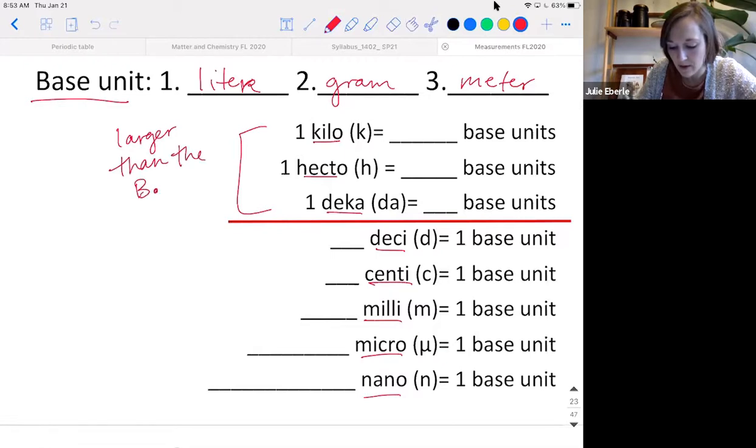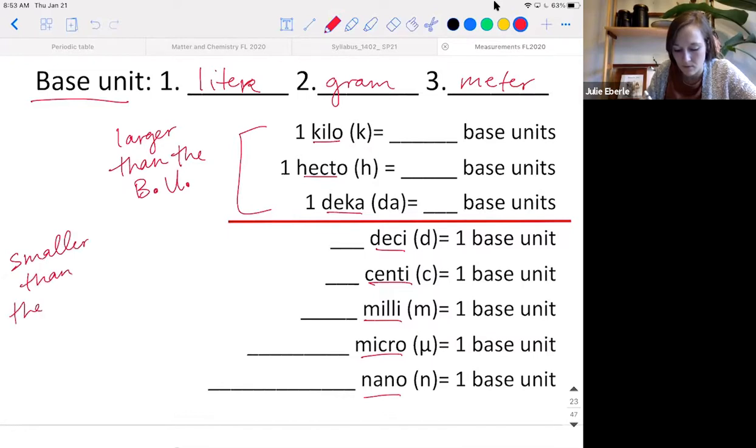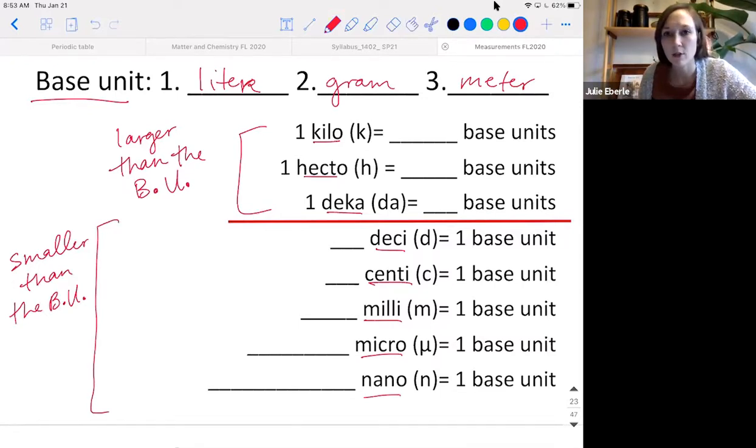I'm going to abbreviate, then the base unit. And the ones down here, these are smaller. When you put the prefixes under the red line in front of the base unit, now you have a physical quantity that's smaller than your original base unit.